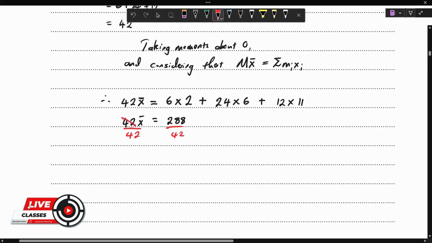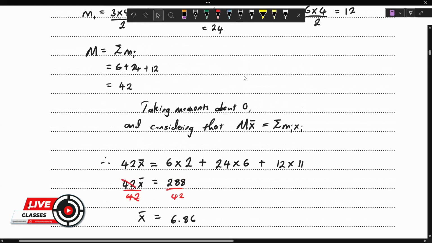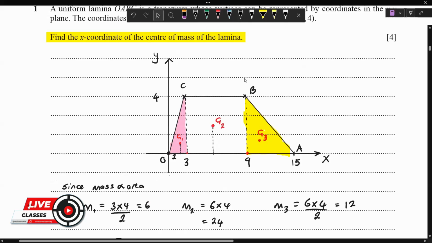And when we do, we will get that x bar comes out as 48 over 7, which as a decimal to 3 SF is 6.857, 6.86. So that would be the answer, the x coordinate of the center of mass of the lamina.